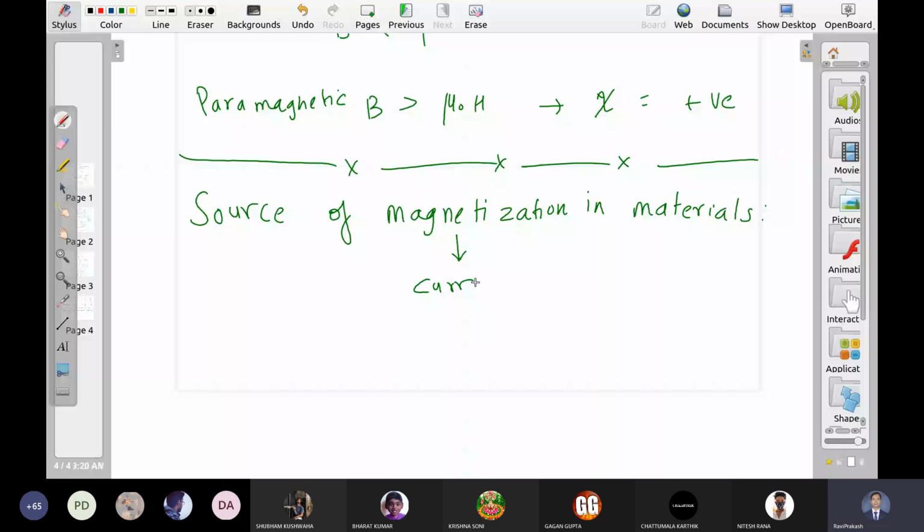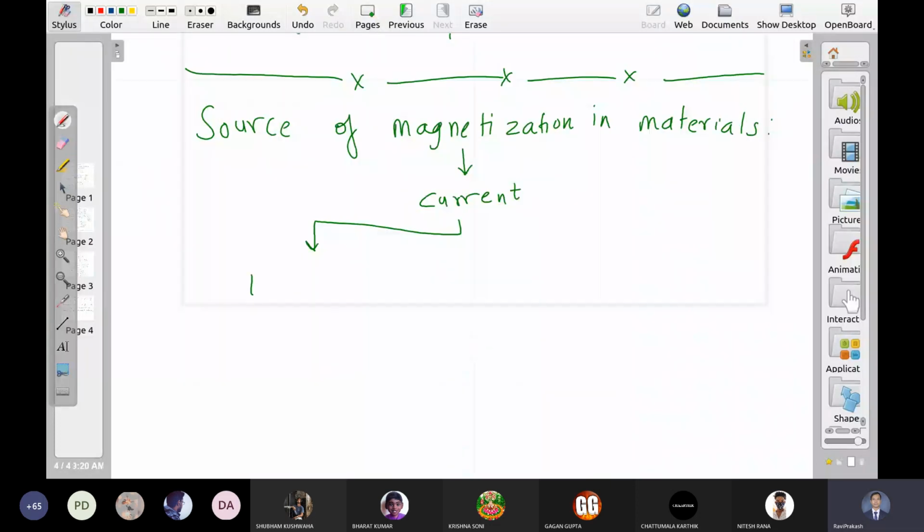Now, what are the sources of current? There can be many sources of current. One is electrons moving in orbits, or electrons spinning about their own axis.